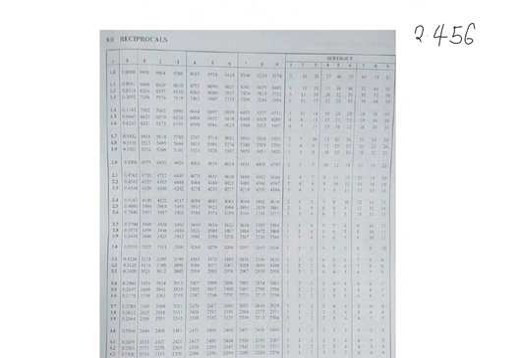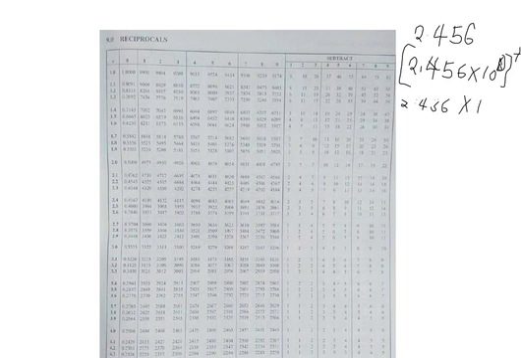We have to write this number in standard form, which will be 2.456 multiplied by 10 power 0 because the decimal point has not moved in any direction. So getting the reciprocal of this, we'll check the reciprocal of 2.456 from the table. Then we multiply by 1 because 10 raised to power 0 is 1.